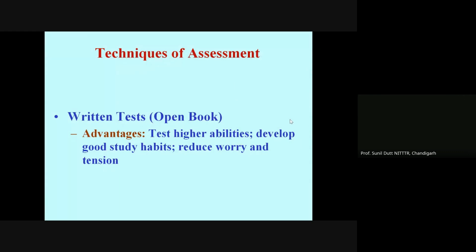But making the question is very difficult. The question should not be such that it can be immediately found in a book. The student who has studied the subject thoroughly will be able to answer the question. So teachers can devise questions that require students to answer in more analytical and critical ways.